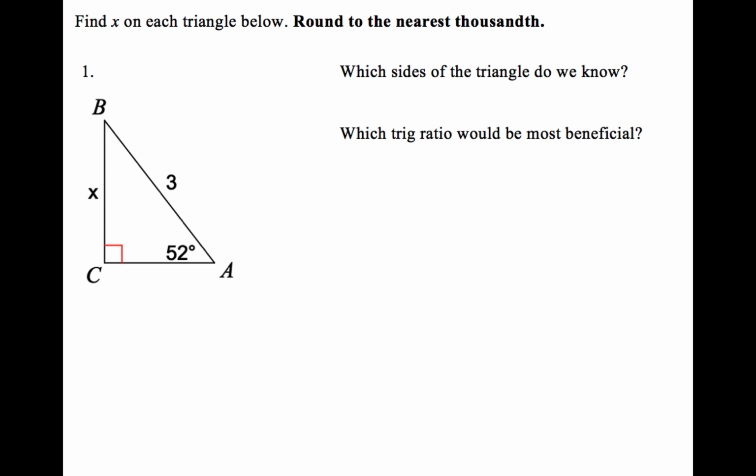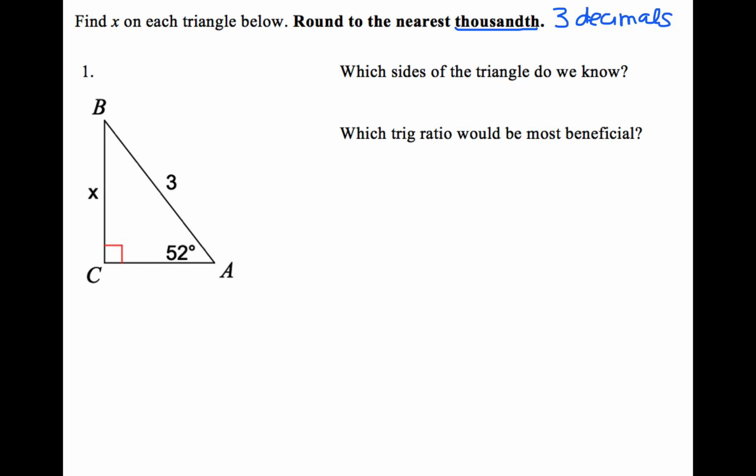So number 1 says find x on each triangle below, and then round to the nearest thousandth. Remember, thousandth is 3 decimals because the number 1000 has 3 zeros. So I give you an angle measure, and then I give you a side of the triangle, and I want you to find a missing side.